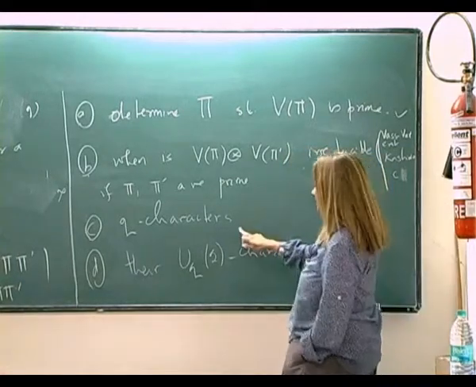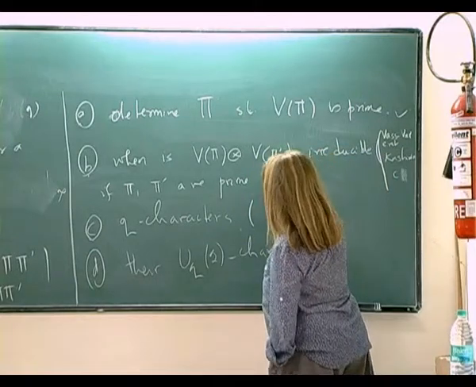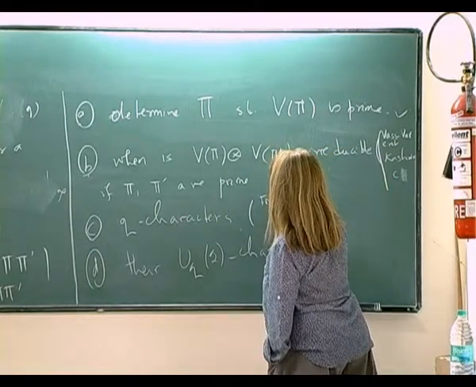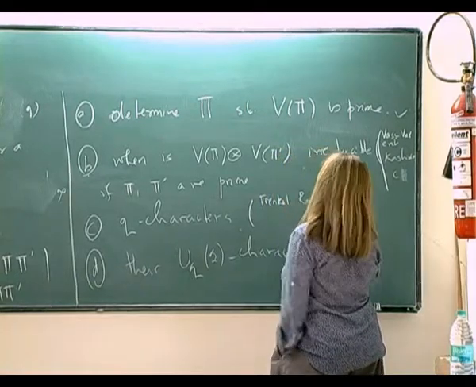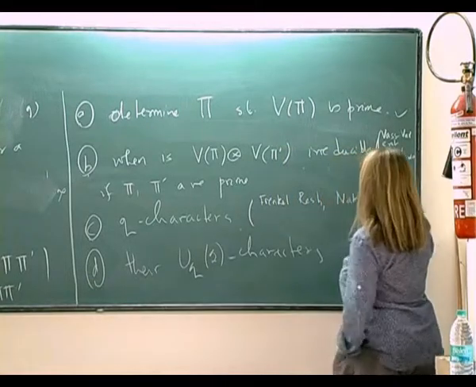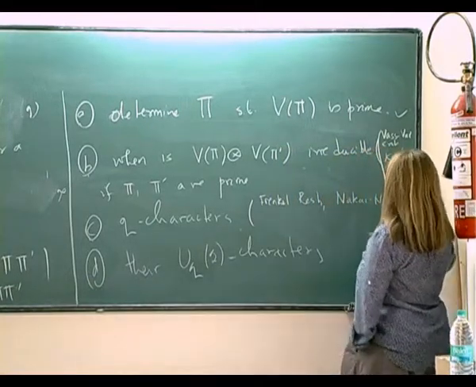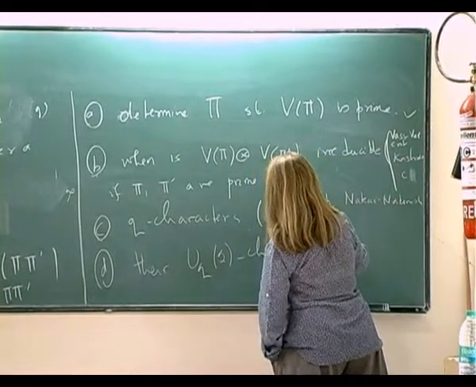The Q characters are known. This is again through the work of many people. It goes back to Frenkel and Reshetikhin in the non-exceptional cases. And then there are combinatorial algorithms by Nakanishi. I had some work with Moura, which has a slightly more Lie-theoretic flavor.